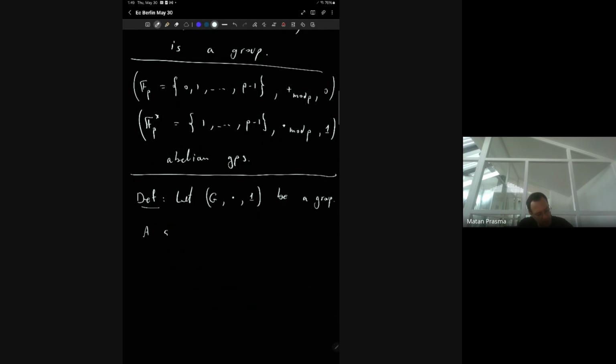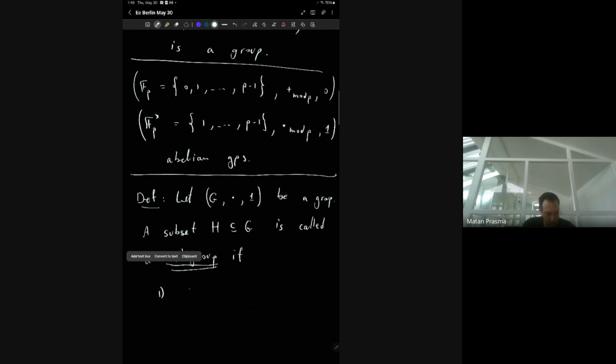A subset H in G is called a subgroup if the following conditions are met.